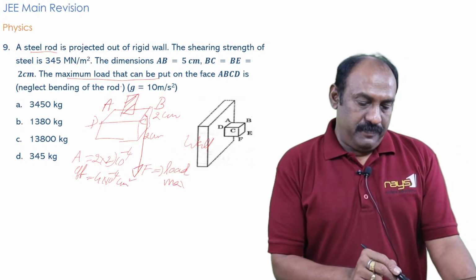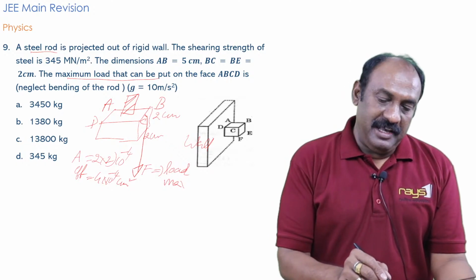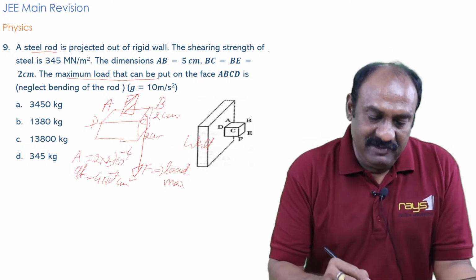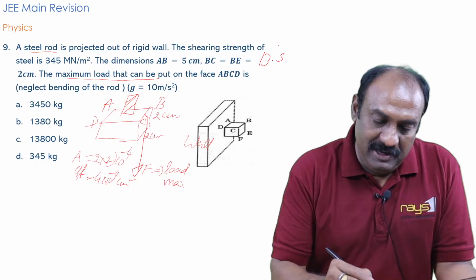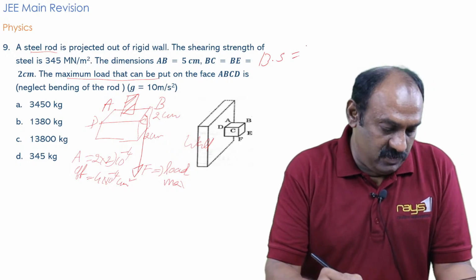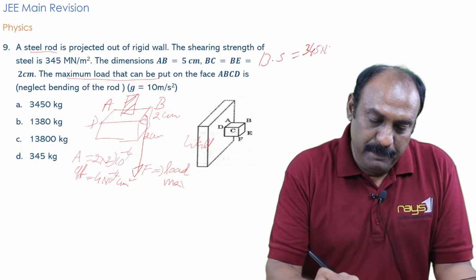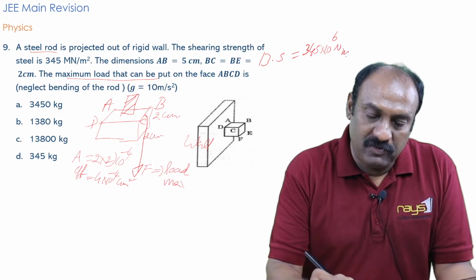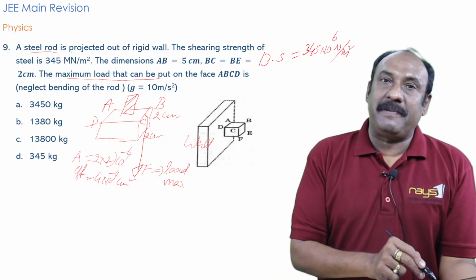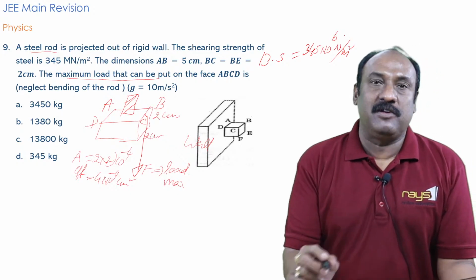Now what is the data given? The shearing strength of the steel is given. Shearing strength is nothing but breaking strength of the steel. Breaking strength is equal to 345 mega Newton per meter square. So M represents mega, 10 power 6 Newton per meter square.